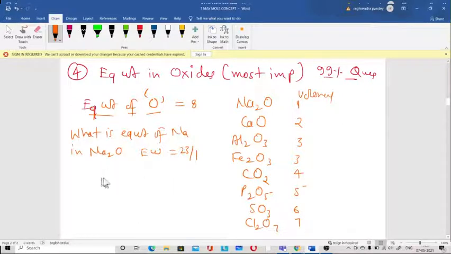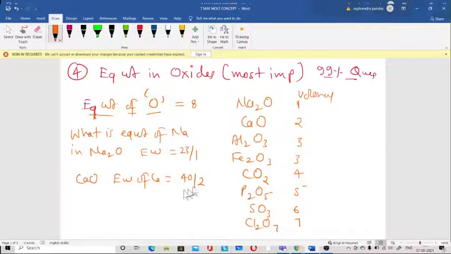Similarly in calcium oxide, the equivalent weight is the equivalent weight of calcium, which is 40 divided by 2, the atomic weight of calcium divided by 2.